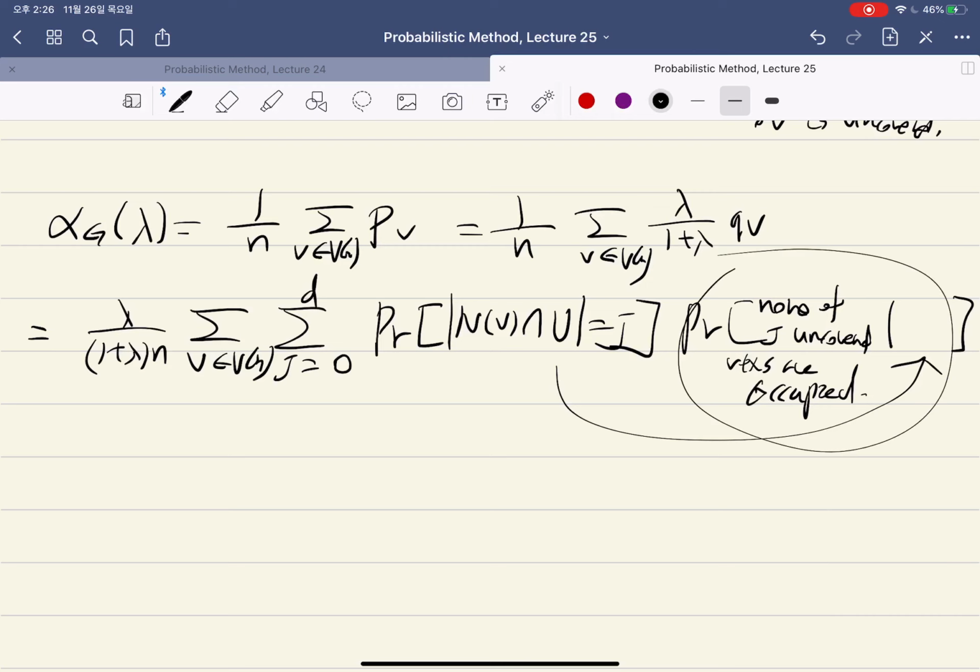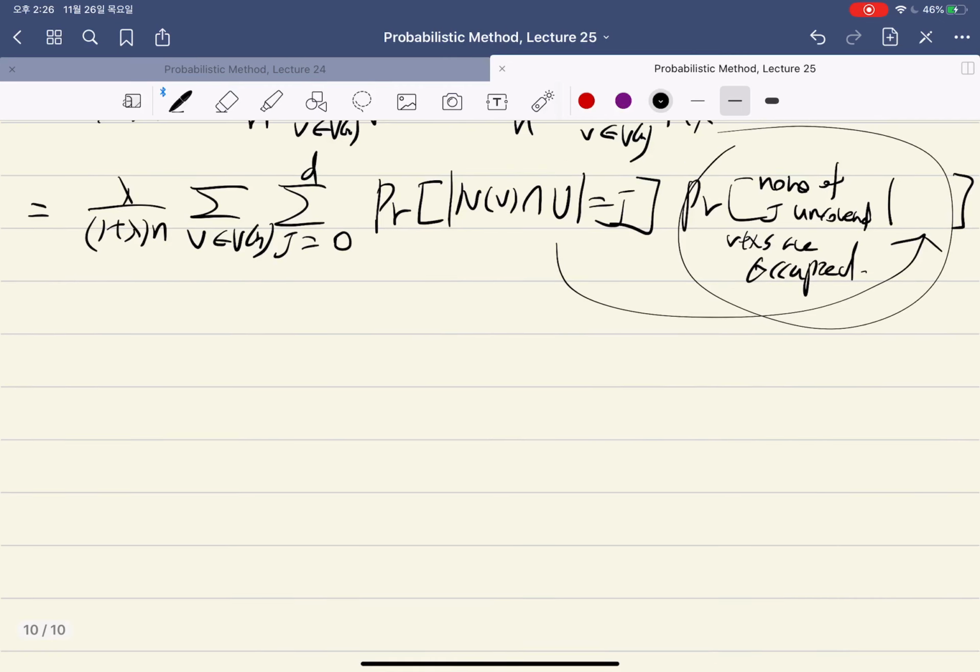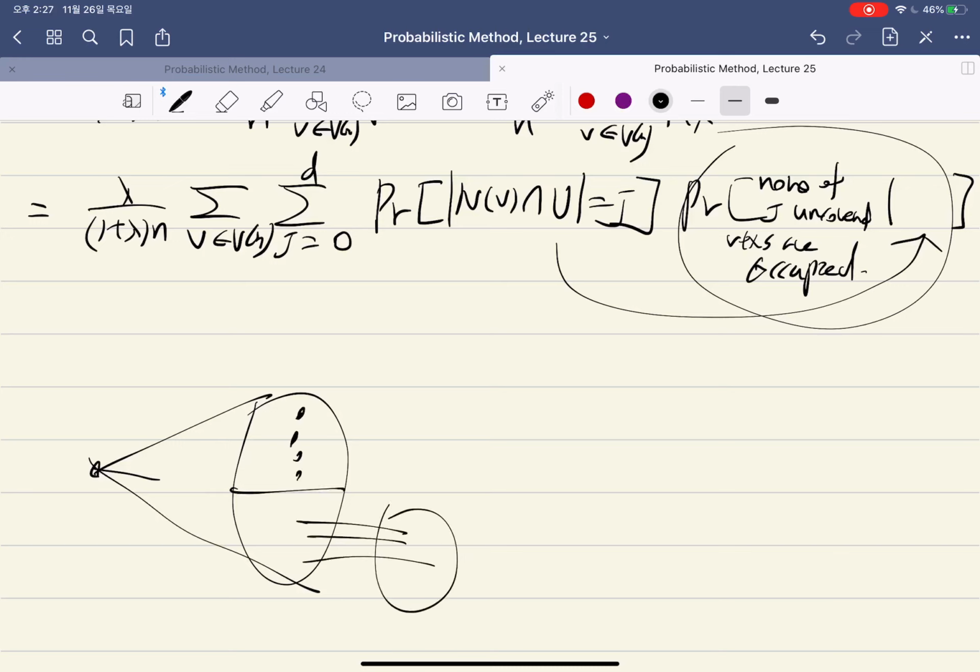Now we want to measure this. So we have uncovered vertices. Here this one is already covered, so these vertices are not our worry because it's certain that none of them is occupied. So what's the probability that this belongs to I?